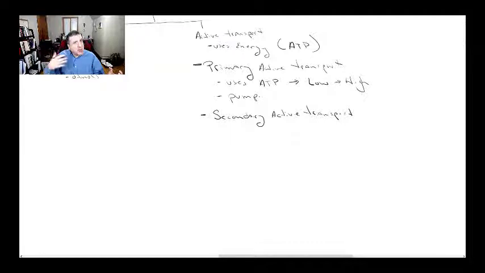So think of kind of simple diffusion. Think of sodium moving down its concentration gradient. Now, though that is passive, it's not using any energy to take sodium from a high concentration to a low concentration. But that movement offers potential energy. That movement is potential energy, and it's converted into kinetic energy.